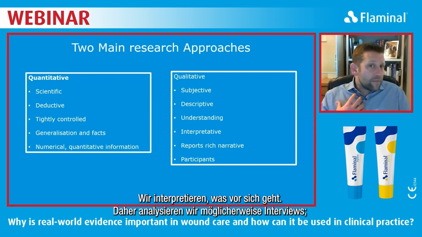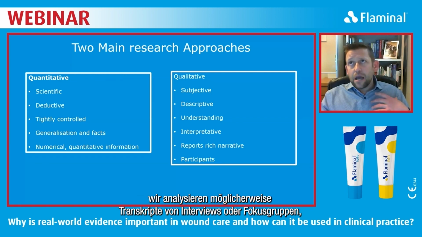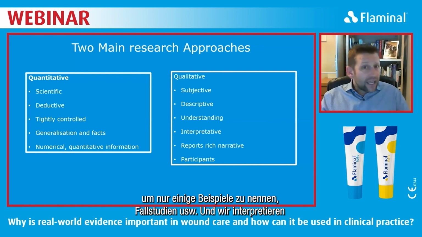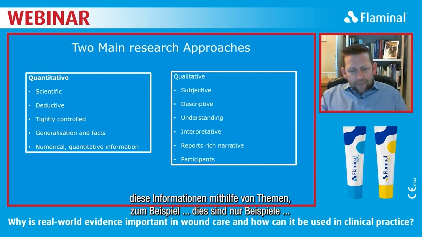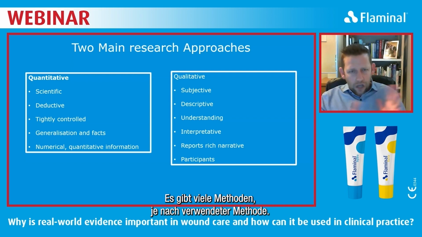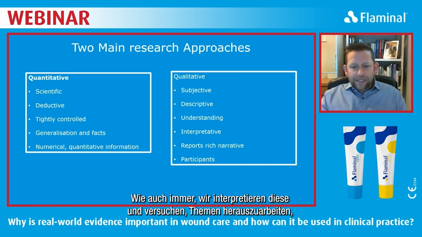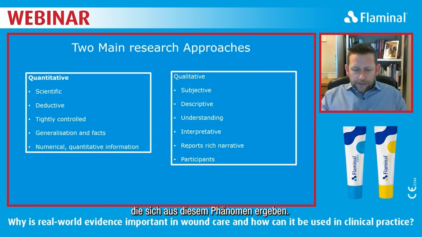So we maybe analyze interviews, we possibly analyze transcripts of interviews or focus groups, just to give some examples, case studies, etc. And we interpret that using themes, for example. These are just examples. There's lots of ways depending on methods used. However, we interpret these and we try to draw themes from that phenomenon.